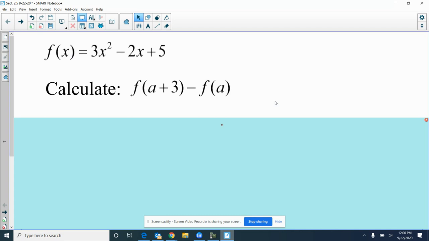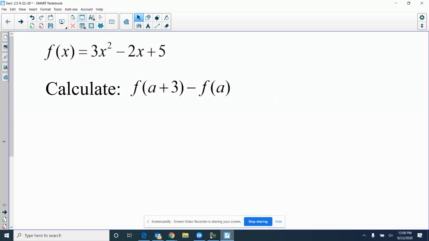How do we get started here? So f of a plus 3 minus f of a. All right, there's basically two problems in one. What's f of a plus 3 mean? Wherever there's an x, what do we plug in? a plus 3. You get two x's.